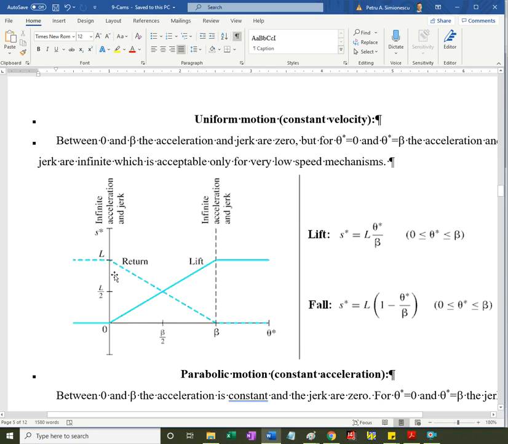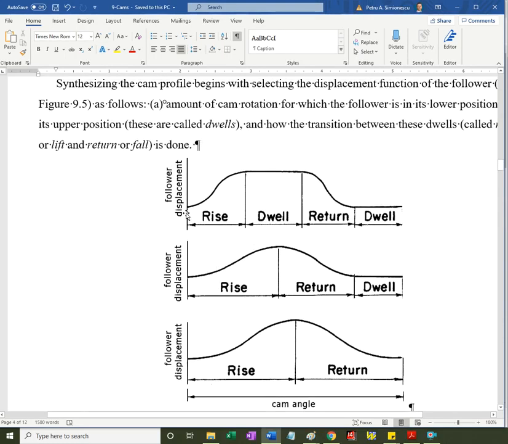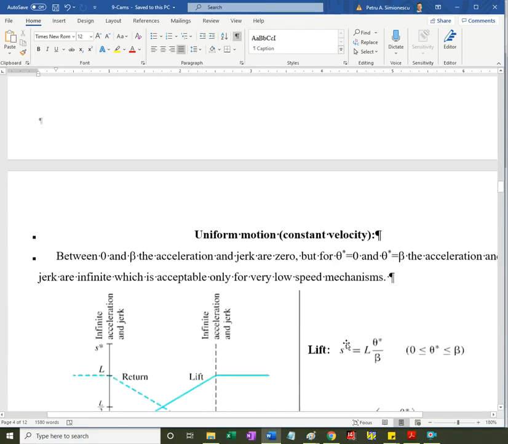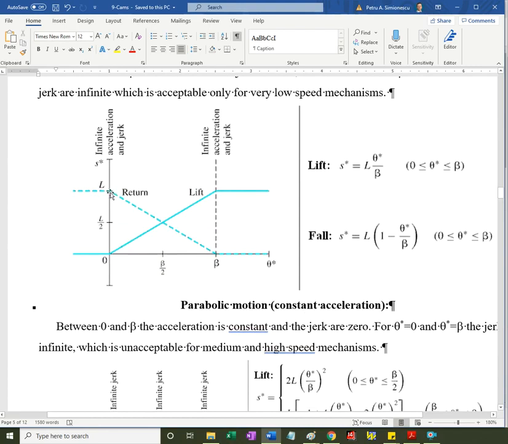You see here we have S as displacement. This could be linear displacement as well as angular displacement. So here it says follower displacement, but it could be in units of angle, degrees or radians, or in units of inches, millimeters, centimeters, meters. L is the lift, and it starts from 0.